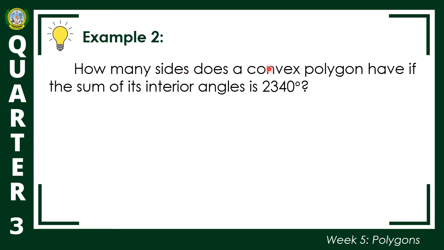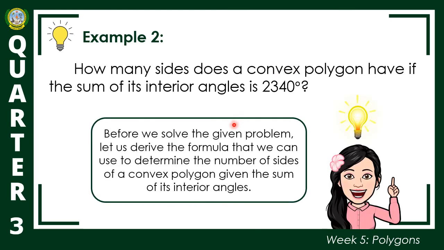So, ilang sides yung meron yung polygon. Ang formula na gagamitin natin po ay, syempre, yung sum of interior angles. But before we solve the given problem, i-derive natin yung formula na gagamitin natin para ang makuha natin is yung number of sides. Okay, instead of yung sum, kasi given na nga yung sum.